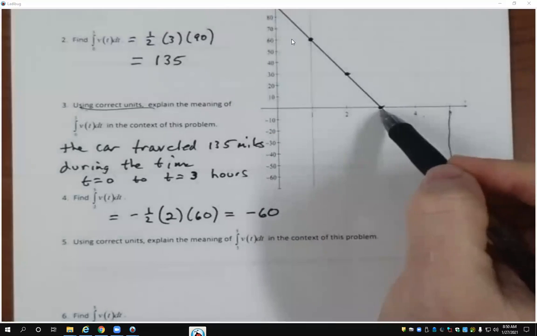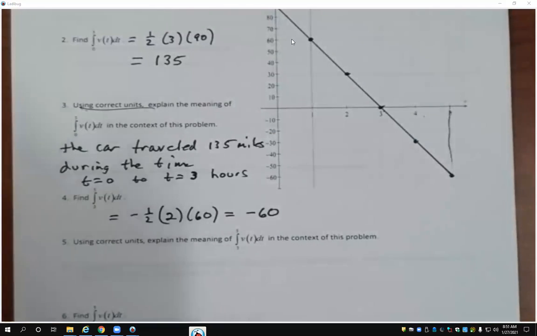From time 3 to 5 hours, what did the car do? Traveled 60 units in the opposite direction, the opposite direction of what it traveled from 0 to 3, right?